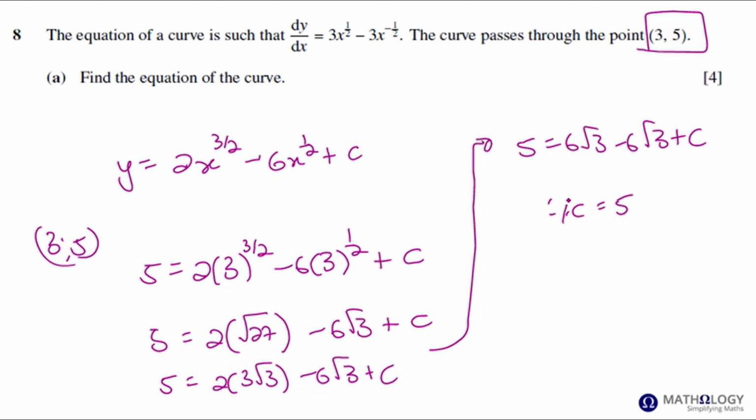Therefore, c equals 5. So the curve is given by y equals 2x to the 3 over 2 minus 6x to the half plus 5.